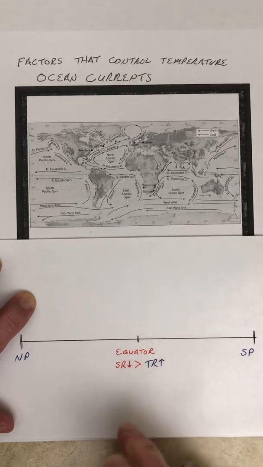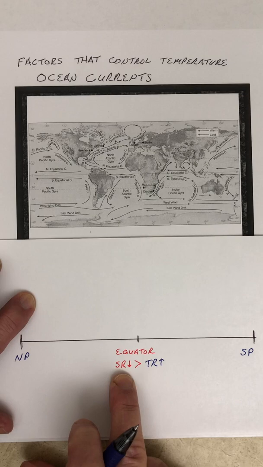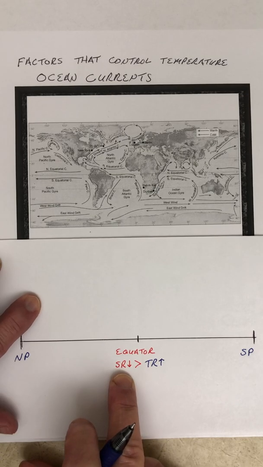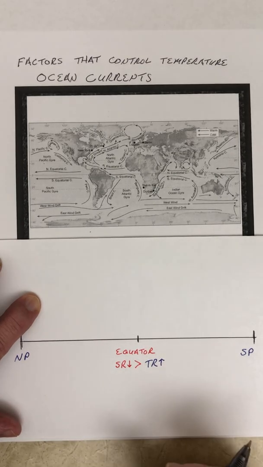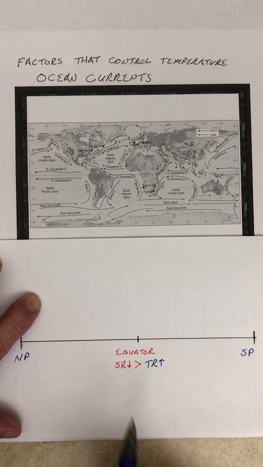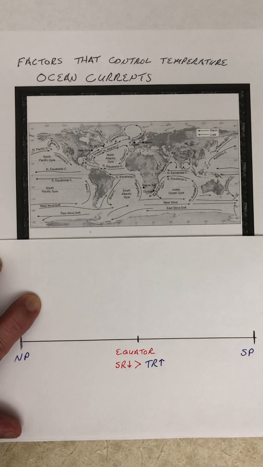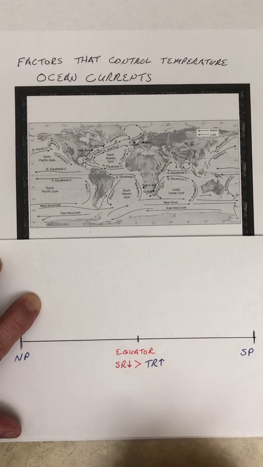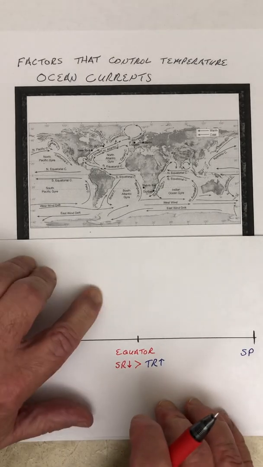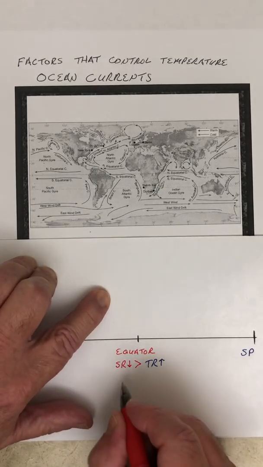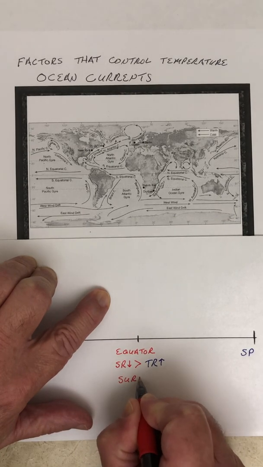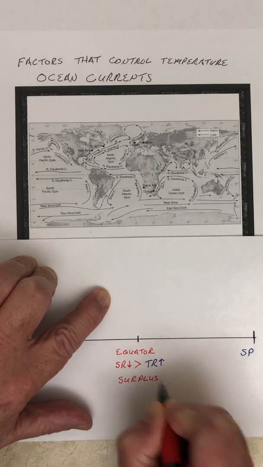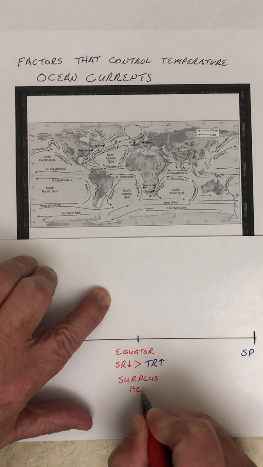If you remember, whatever incoming solar radiation gets absorbed warms the planet, and one of the ways that the planet cools itself is by emitting terrestrial or infrared radiation. Near the equator, the incoming solar radiation is always greater than the outgoing terrestrial radiation, and as a result, we build up a surplus of heat energy in the tropics.